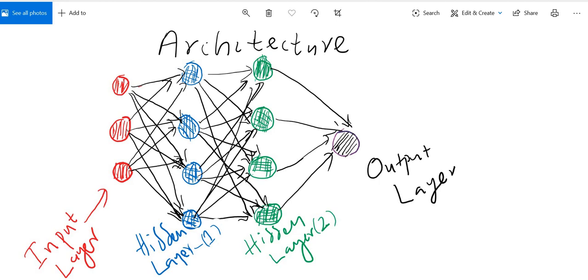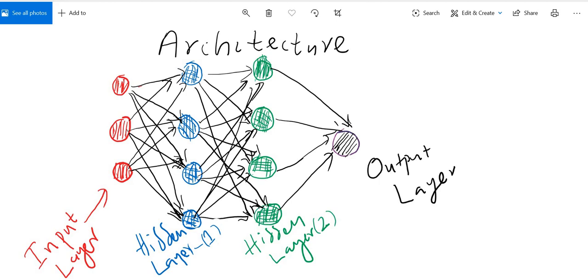That is what you do in the forward propagation. The error is predicted minus actual.